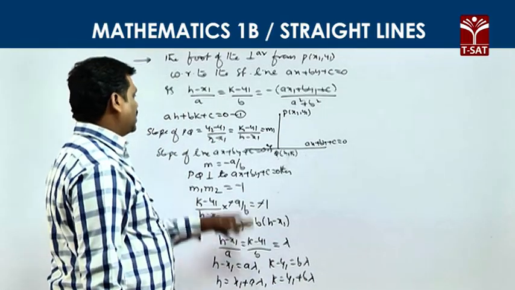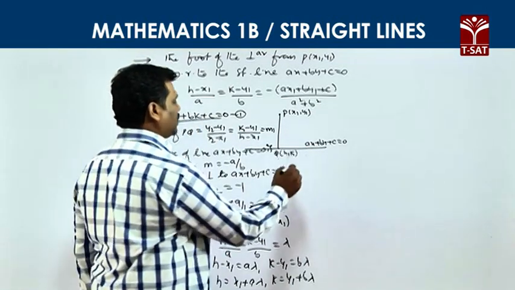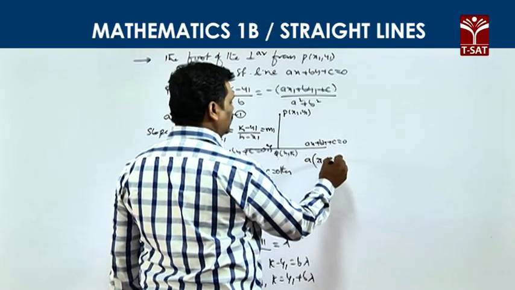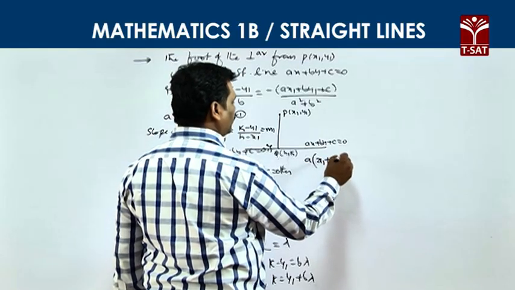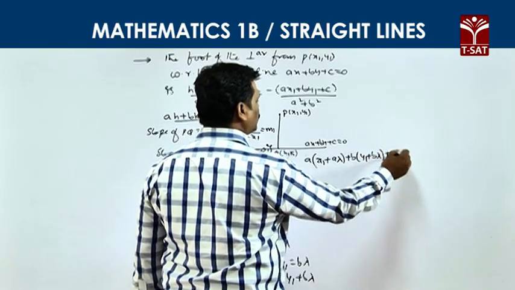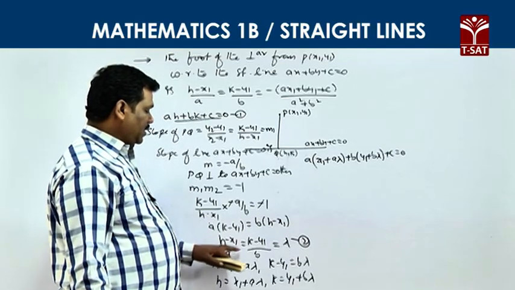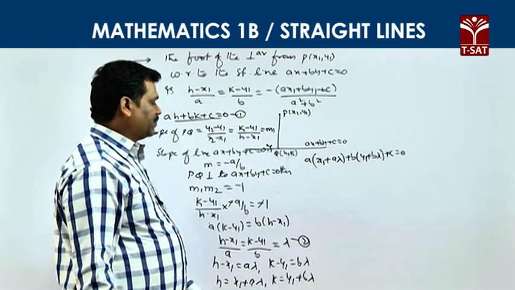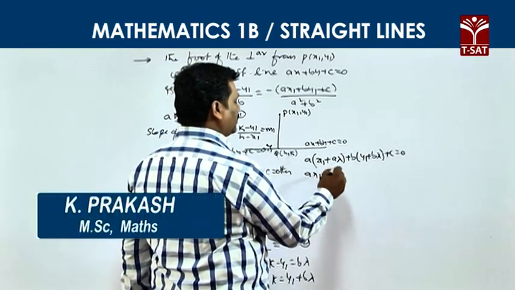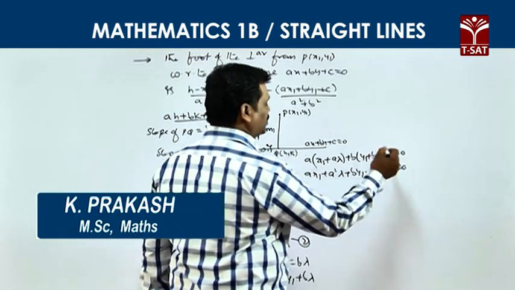Now substituting h comma k in equation number 1. What is equation number 1? ah plus bk plus c equal to 0. So a into x1 plus a lambda plus b into y1 plus b lambda plus c is equal to 0. This is equation number 2. Substituting h comma k in equation number 1, we get ax1 plus a square lambda plus by1 plus b square lambda plus c is equal to 0.